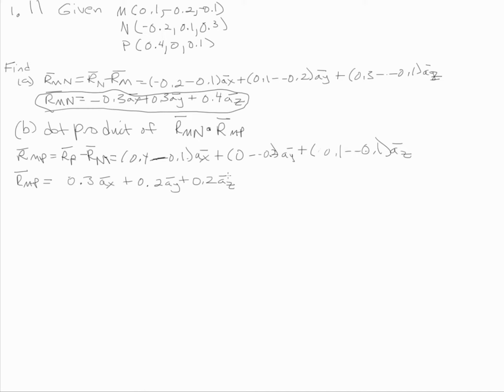Yep, that's correct. And so now we just want the dot product of R_MN dotted with R_MP, which is just going to be its components dotted with each other.